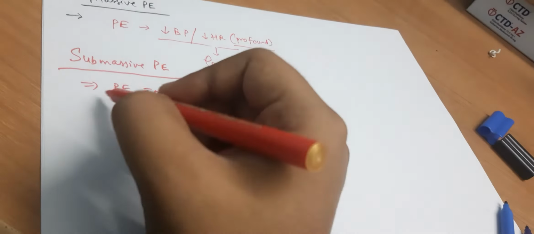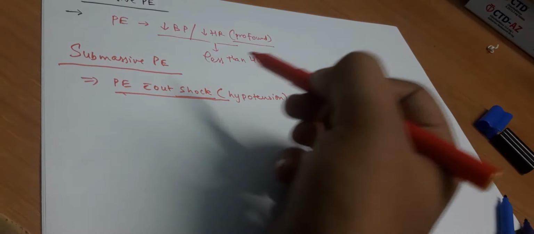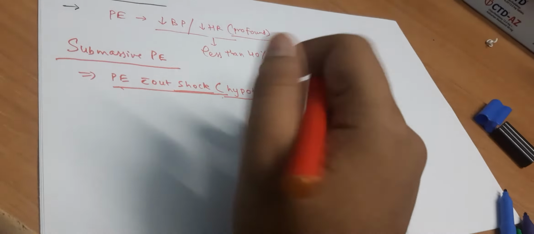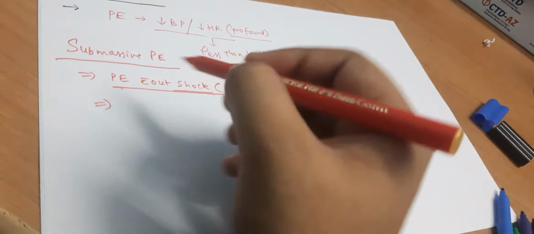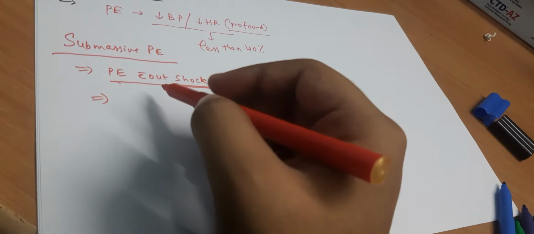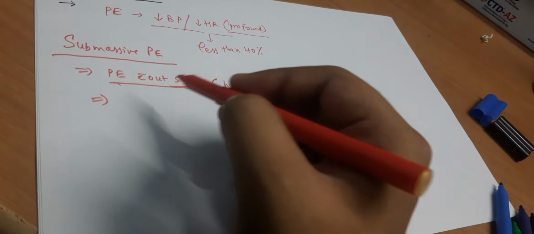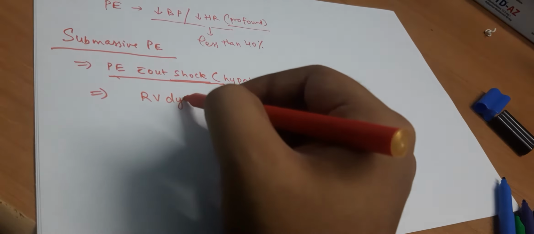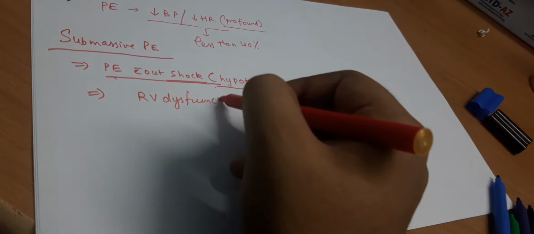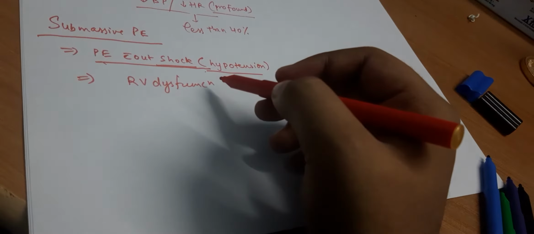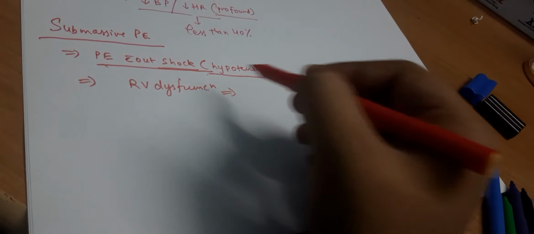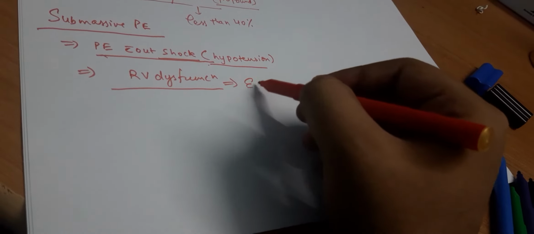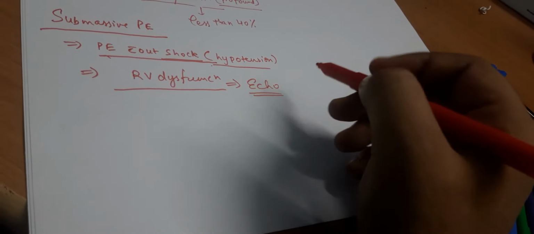So the pulmonary embolism without hypotension or shock is submassive pulmonary embolism. One thing we need to remember is the features of right ventricular dysfunction. The features of right ventricular dysfunction, and how will you diagnose them? By echocardiography, right?